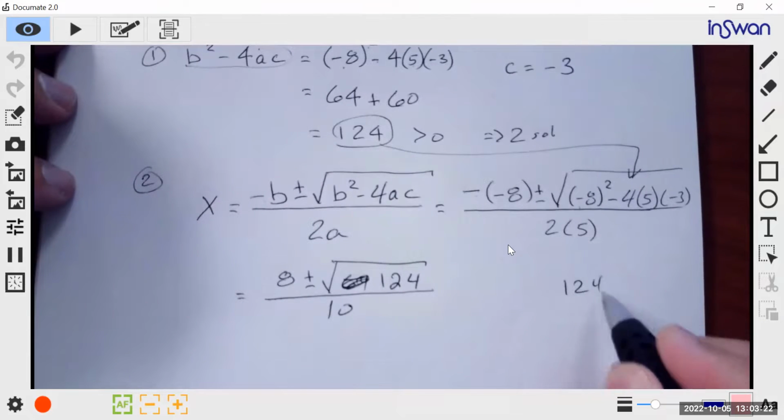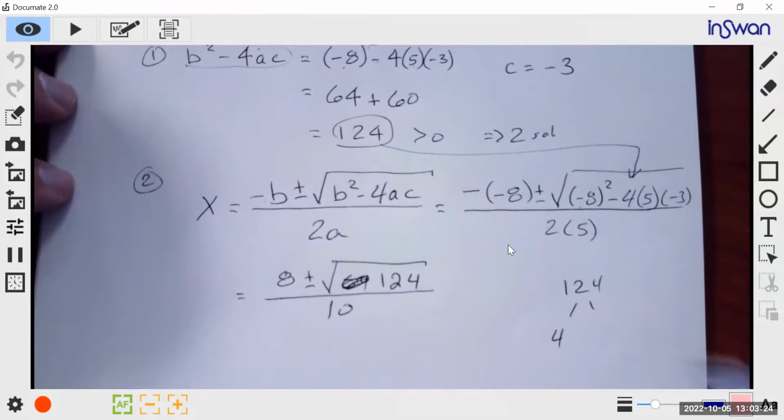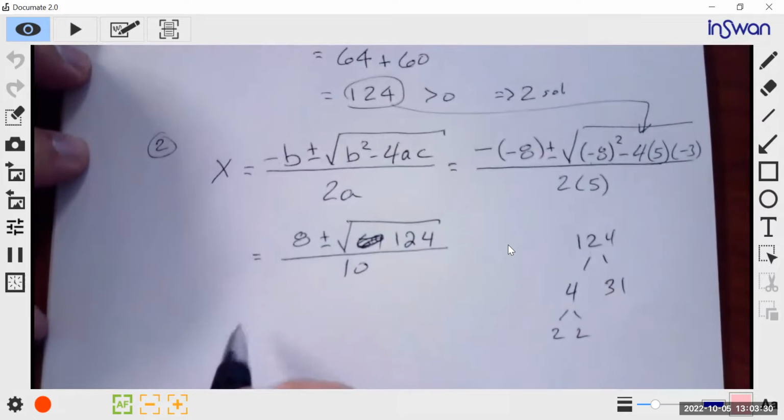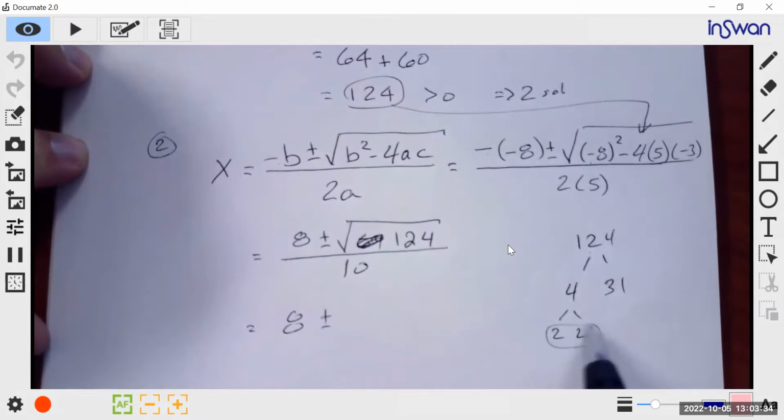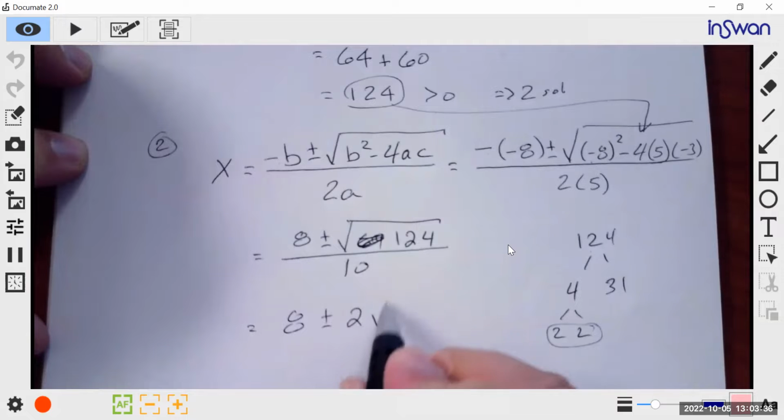So let's look at 124. We know that a 4 goes in there 31 times. 4 is 2 times 2. So since we have 2 2s, we can take it out, and 31 stays inside there.